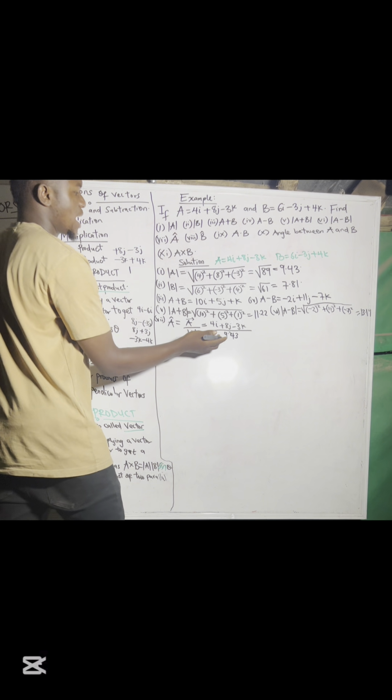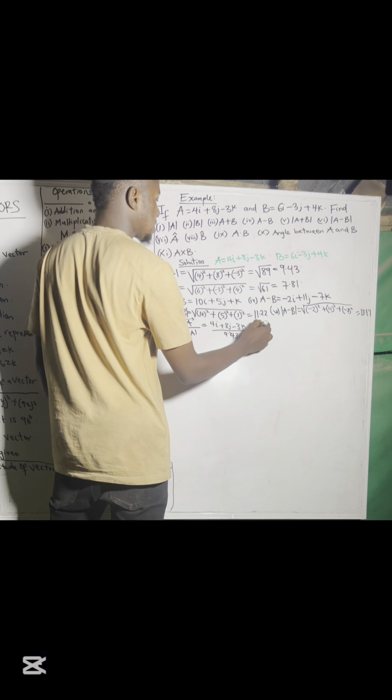This expression here can be rewritten as 4i over 9.43 plus 8j over 9.43 minus 3k over 9.43.